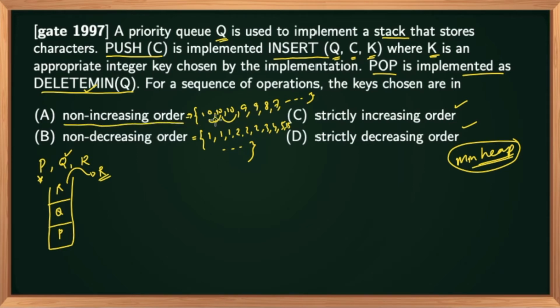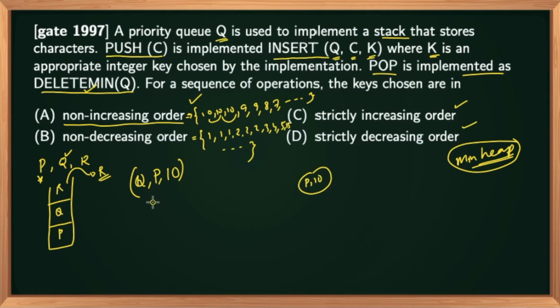Now we want to implement this, and let's assume we are going to use non-increasing order. Instead of push, you will be inserting the value P, and let's assume you are following non-increasing order, so you keep the key as 10. Now the root will be P comma 10.